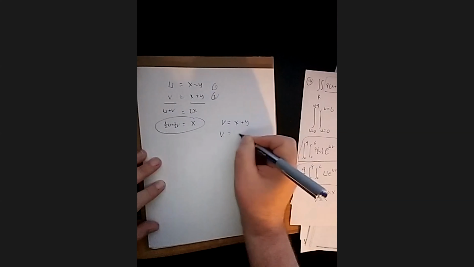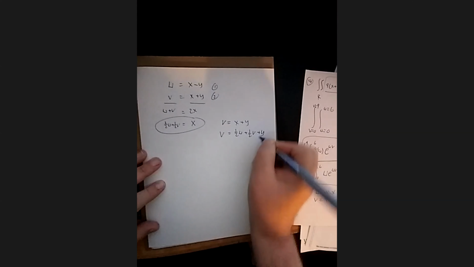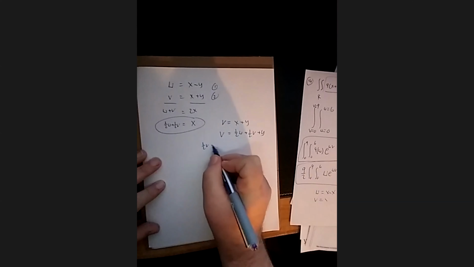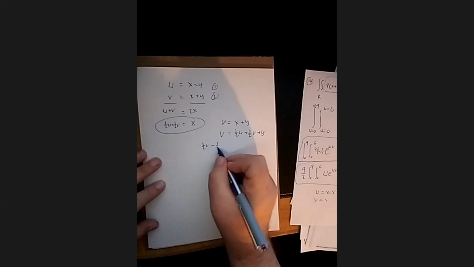And now that I know this one, can't I go back to, oh, say, equation 2? And that means v is equal to a half u plus a half v plus y, which means that y is a half v minus a half u. That's what y is going to be.